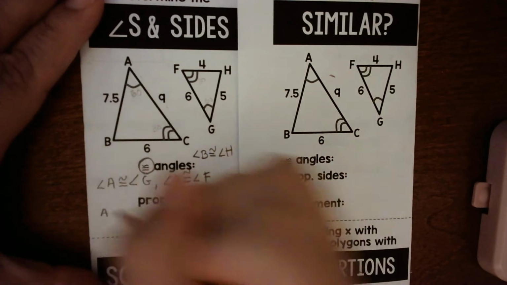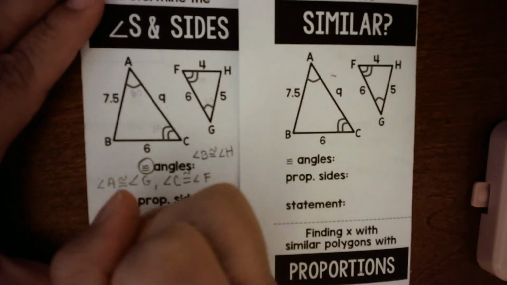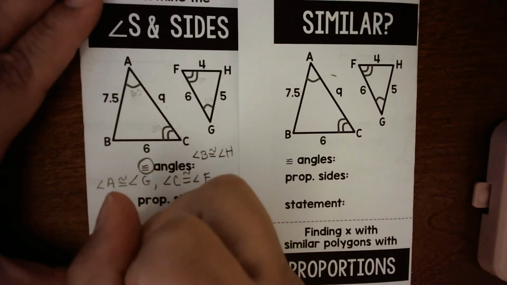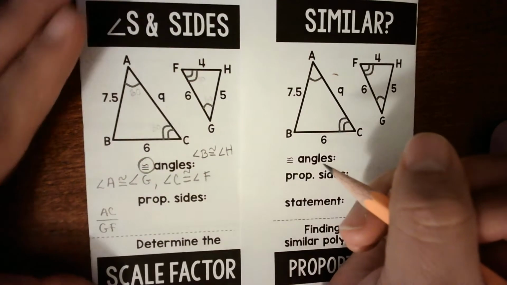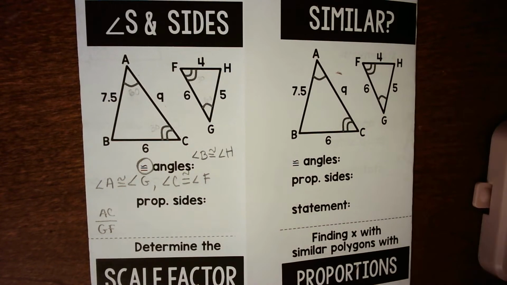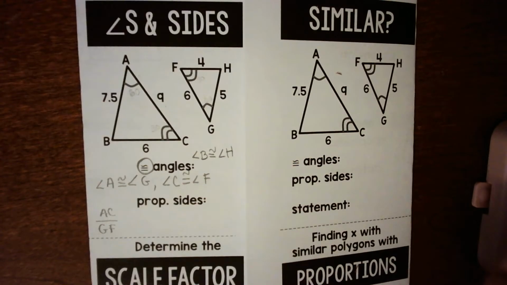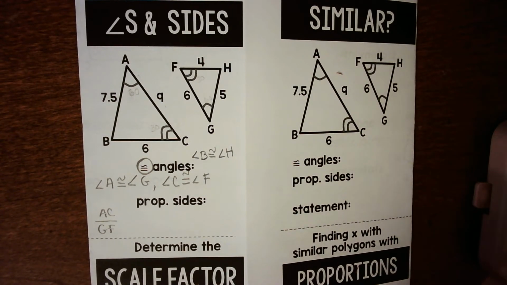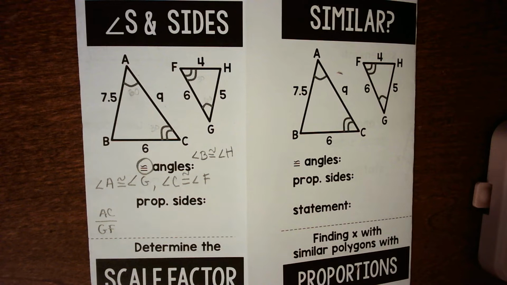That means AC is the one that's going to be compared to GF. We know that the order of the letters doesn't matter when we're talking about segments because they would indicate the same segment. But in this case, you actually want to write them in the correct order because it just makes it easier for you to follow along.